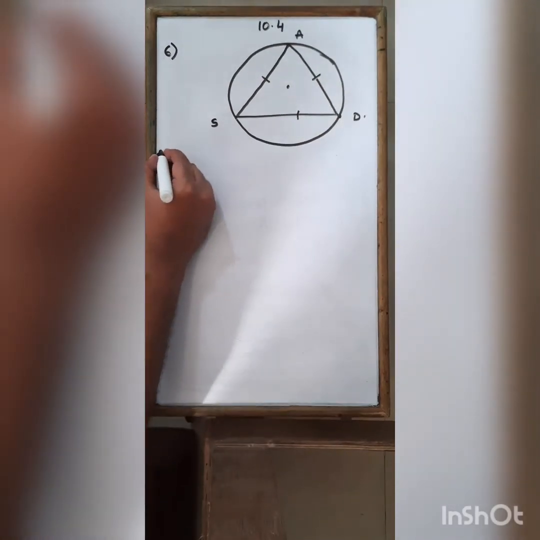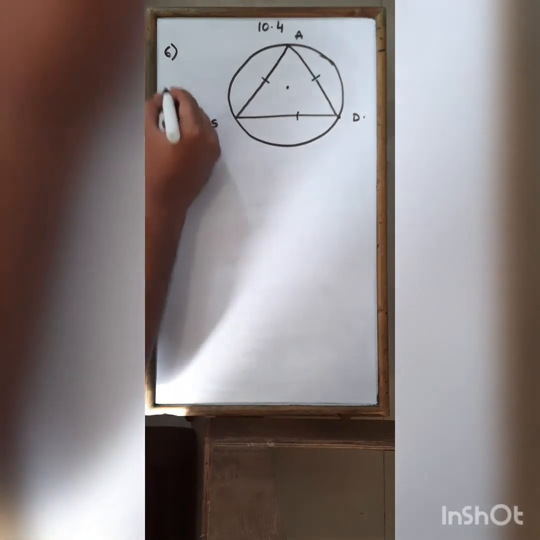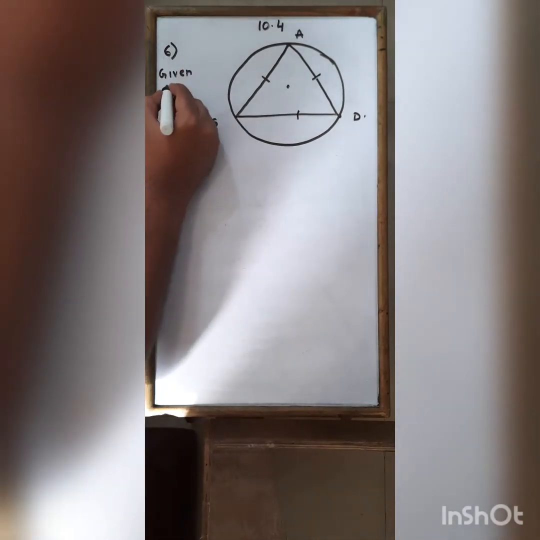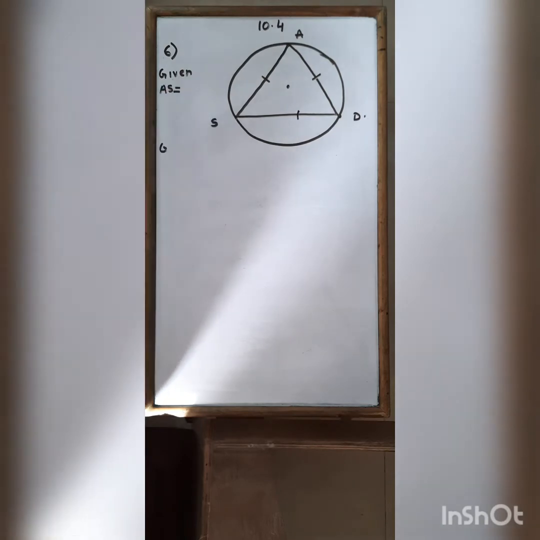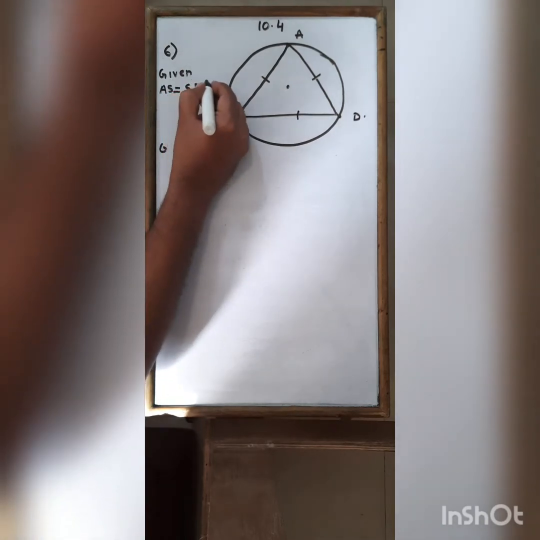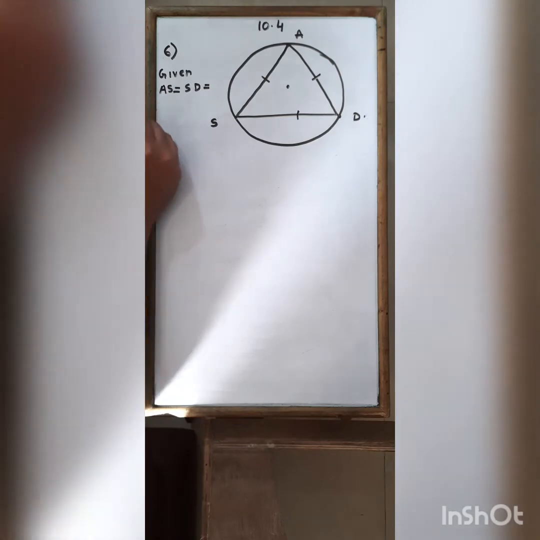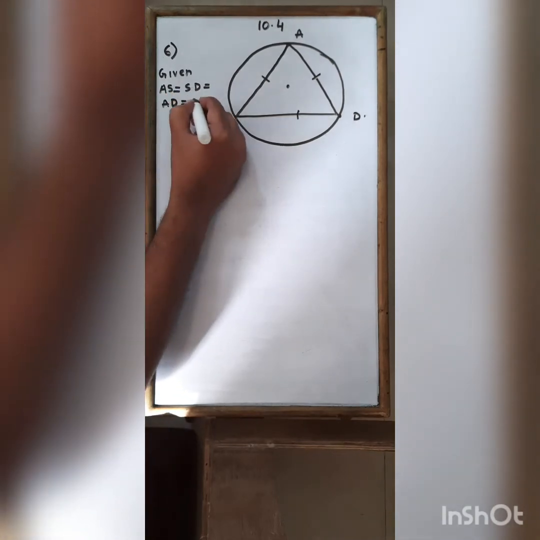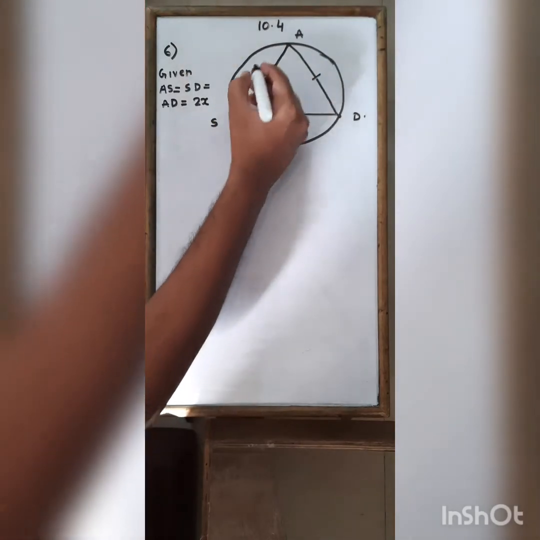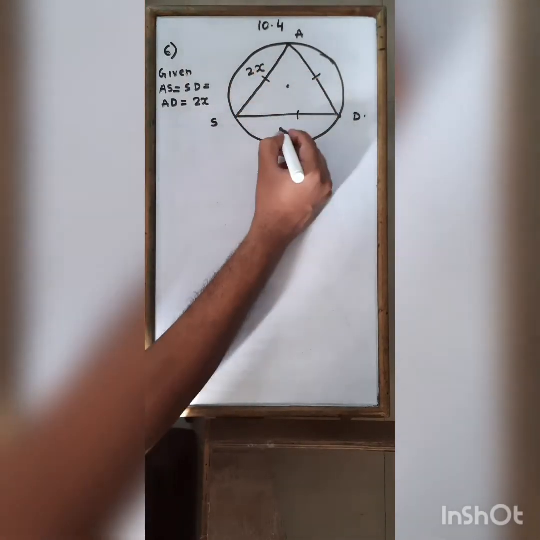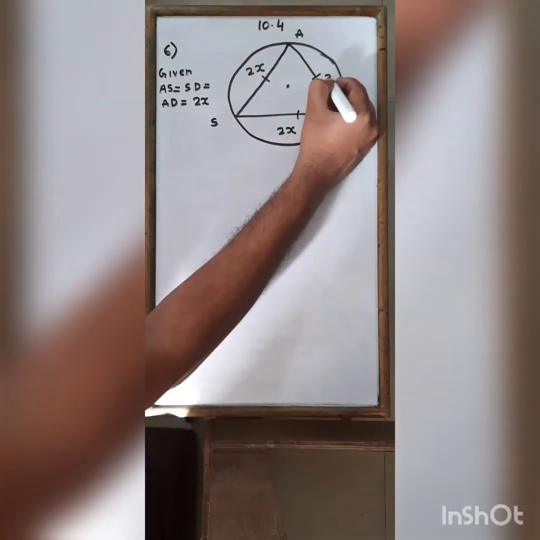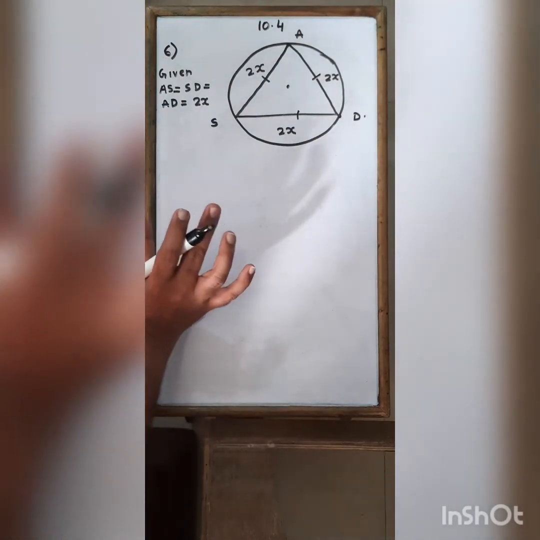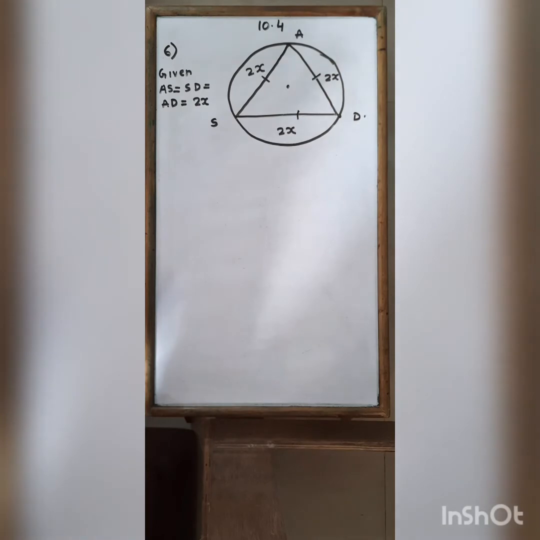So given AS is equal to SD is equal to AD, and I will take it as 2x. So all three are equal. This is 2x, this is 2x, and this is 2x. Basically I have to find the value of 2x, right?